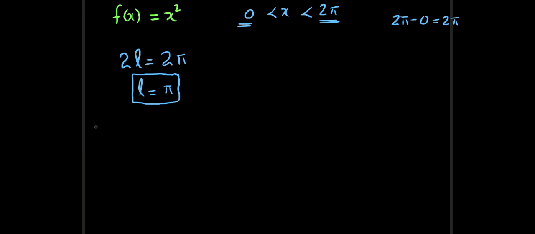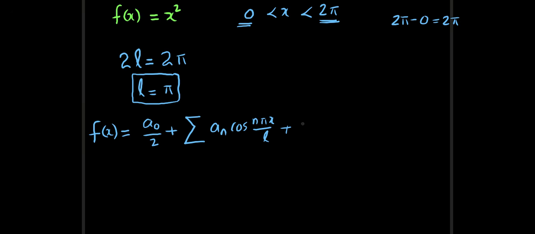The second thing to do is write, let the given series be represented as a0 by 2 plus sigma an cos n pi x by L plus bn sin n pi x by L, where n goes from 1 to infinity. Now we substitute. What's the value of f of x? f of x is x square.